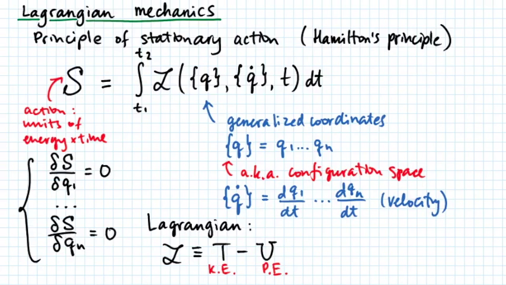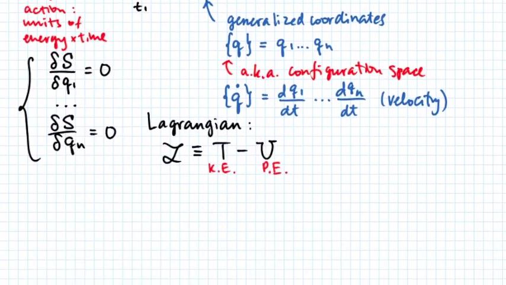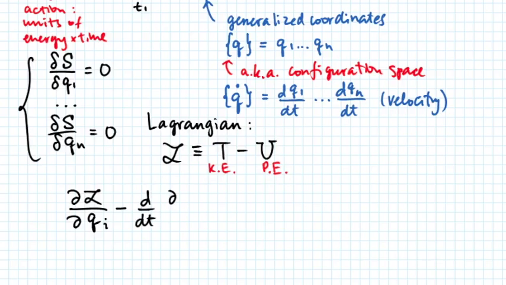As we know, this requirement gives rise to Euler-Lagrange equations, which in mechanics are simply known as Lagrange's equations. Let's write them. Partial derivative of Lagrangian with respect to coordinate q sub i minus the full time derivative of the partial derivative of Lagrangian with respect to velocity q dot sub i equals 0, and this is for i equal 1, 2, all the way to n.